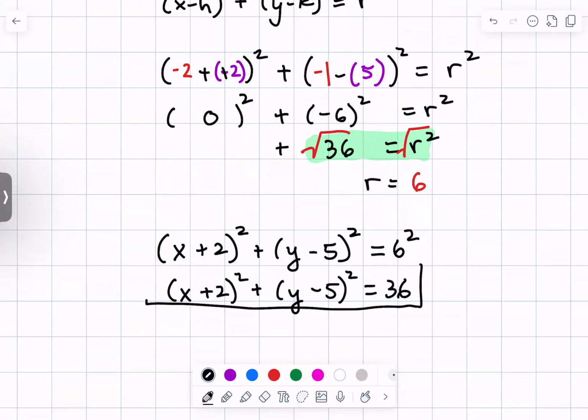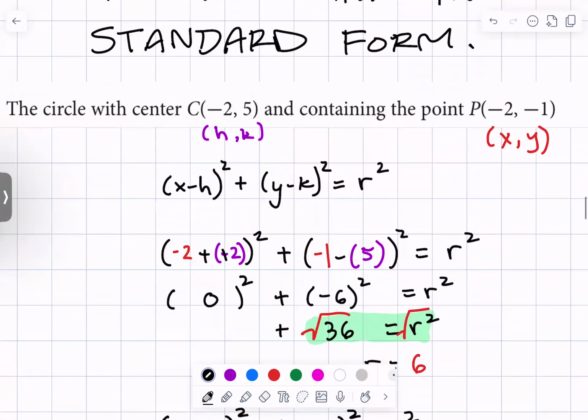And here is my standard form of that circle. Cool? Because we only have one center and one radius, these two things will always be a part of our circle equation. The x's and y's, they vary, right? In the problem here, they only give us 1 point out of the infinitely many points that point P can have, essentially. Right? Okay.